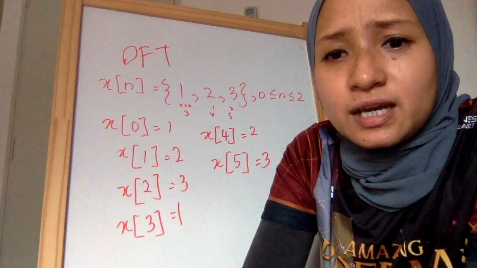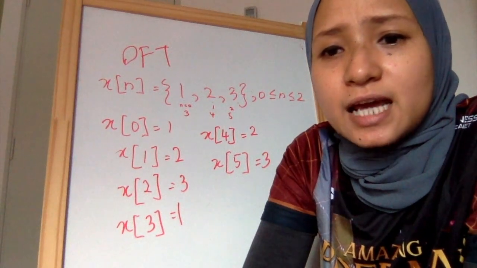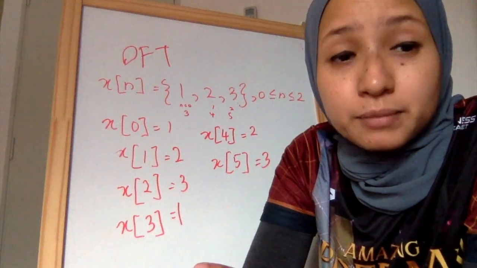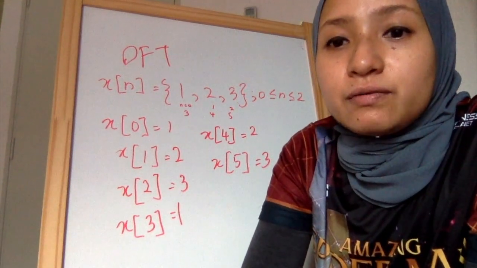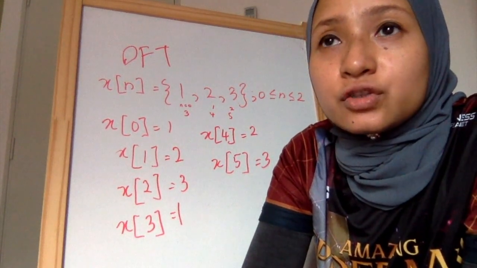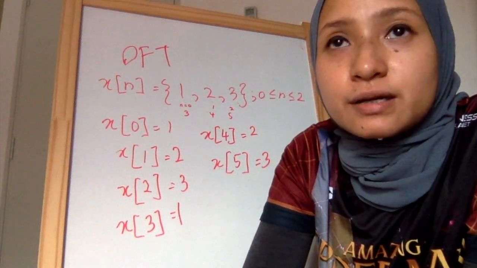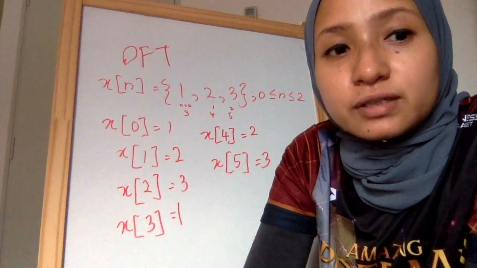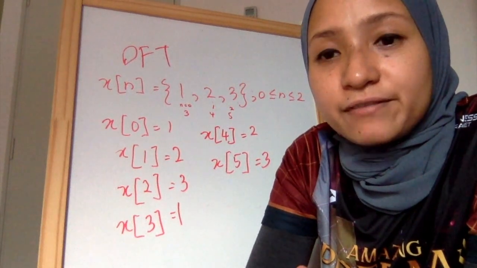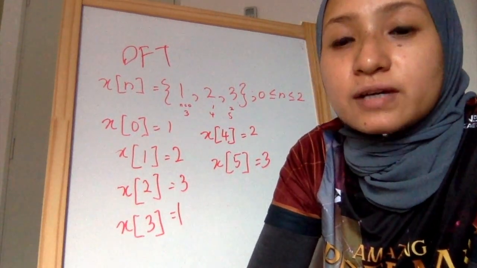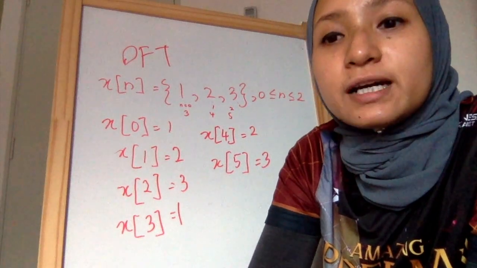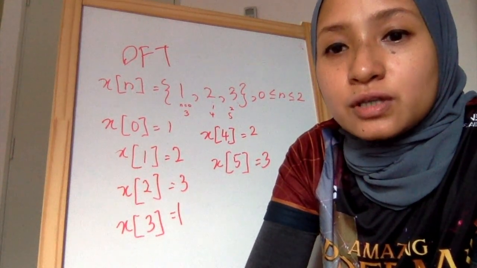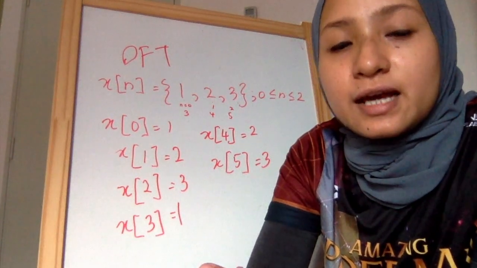You need to find the DFTs of two real sequences, meaning we have two real sequences, for example xn and yn. Then you need to find the DFT of xn and the DFT of yn.